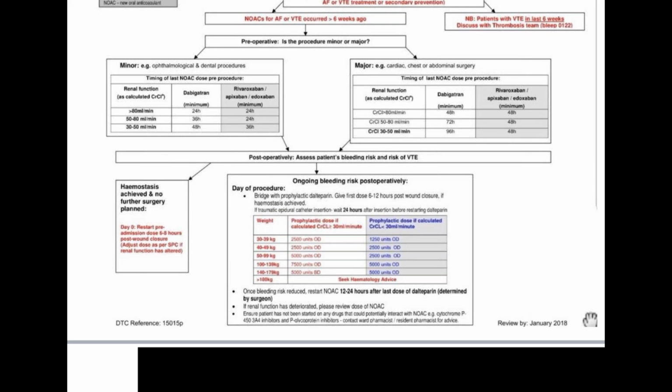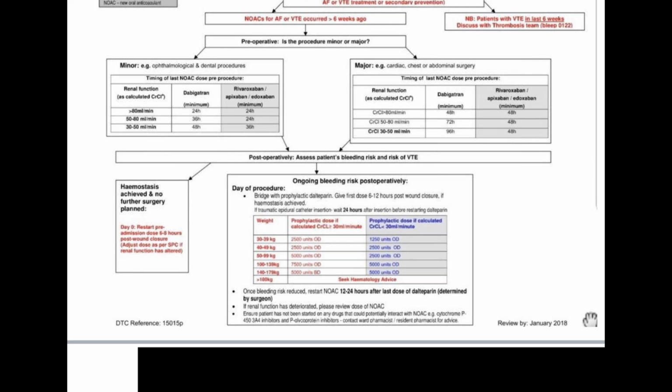So the patient had her surgery already, and post-operatively, we will assess the patient's bleeding risk and risk of VTE, because we need to assess both risks for that patient. Is she high risk for bleeding or high risk for VTE?